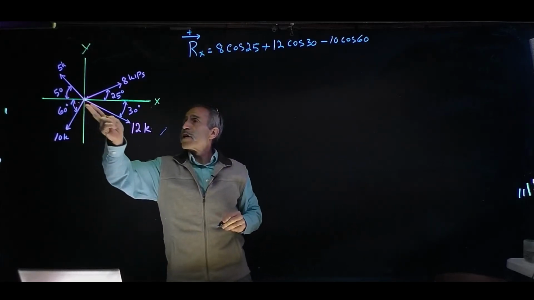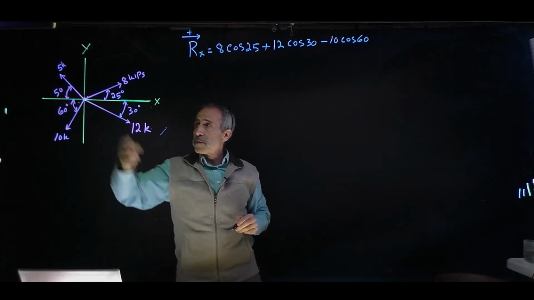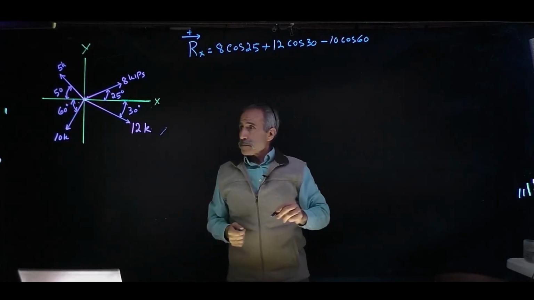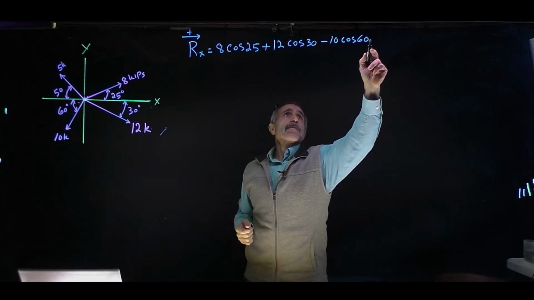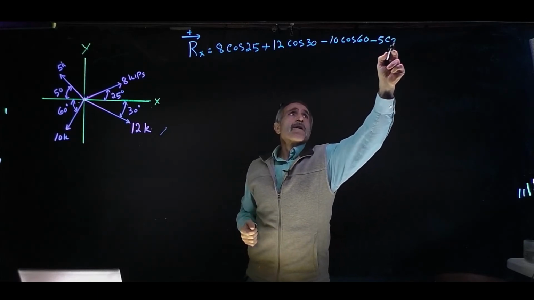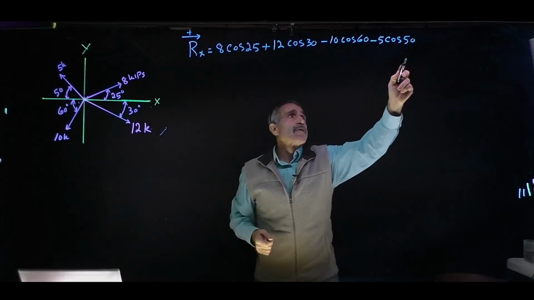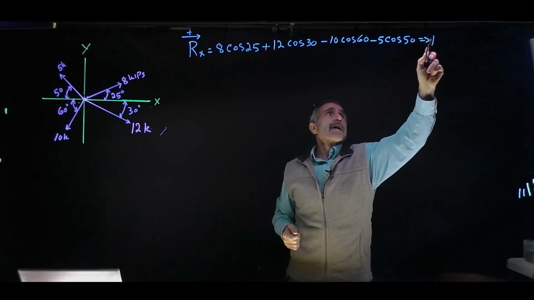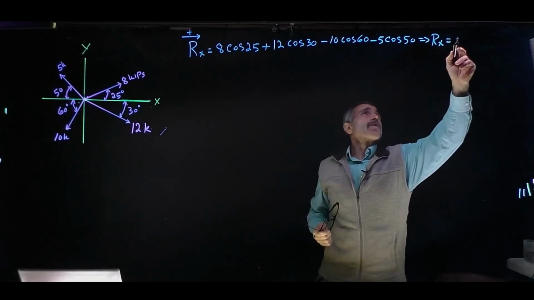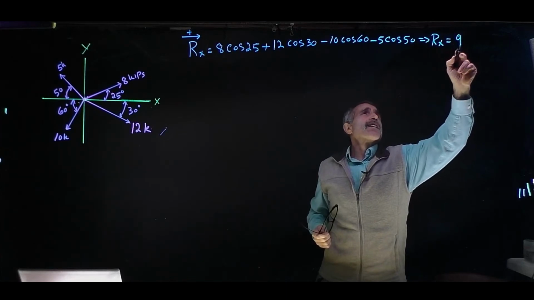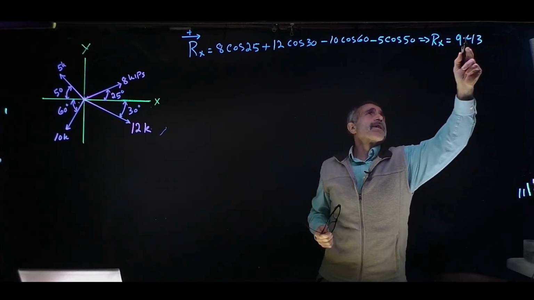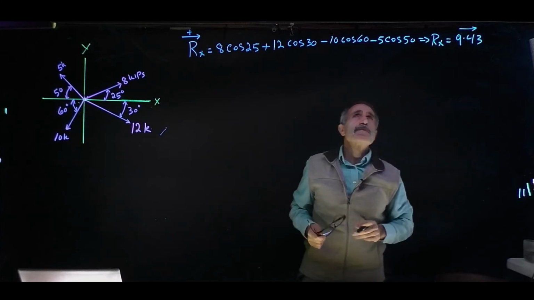And this one, again going to the left, is negative, so minus 5 times cosine 50. And therefore Rx comes out to 9.43. It's a positive number, which means the direction is going to the right.